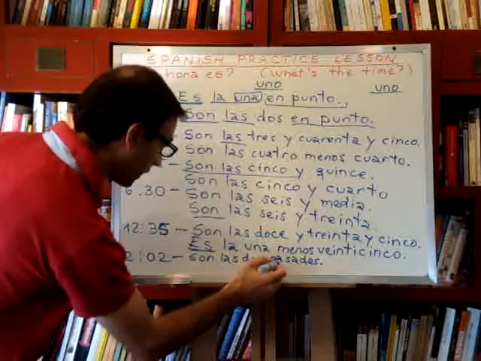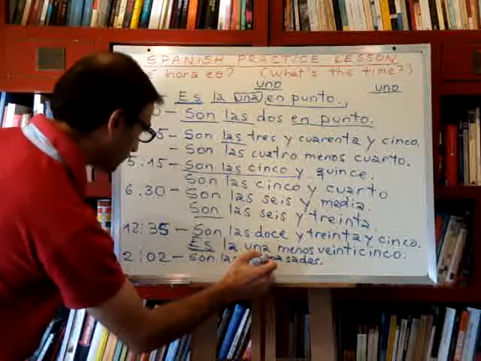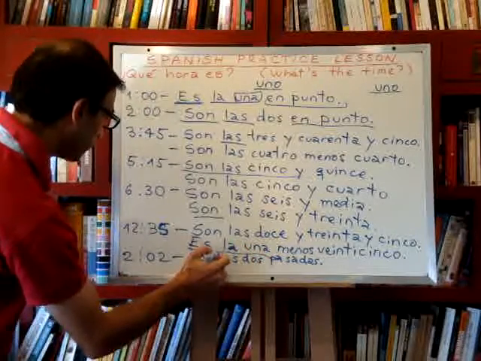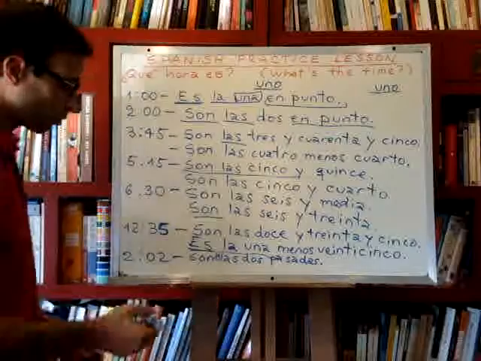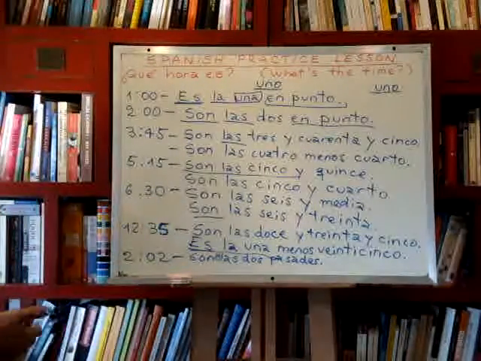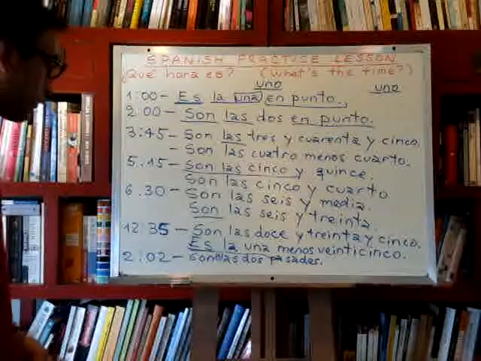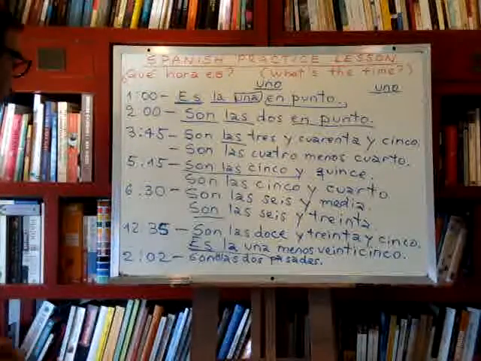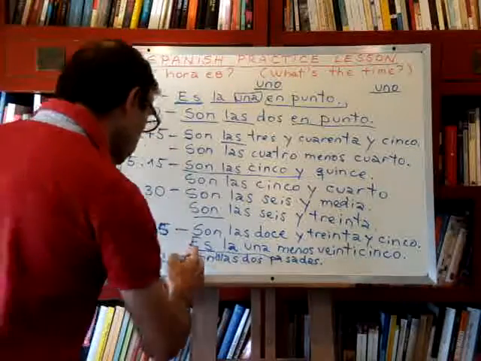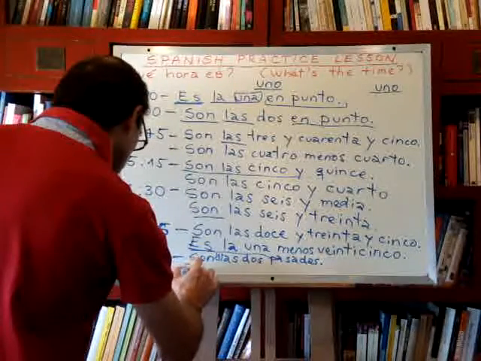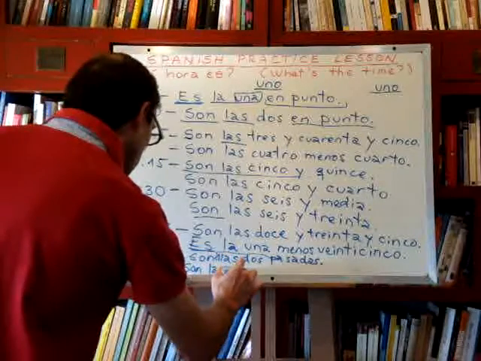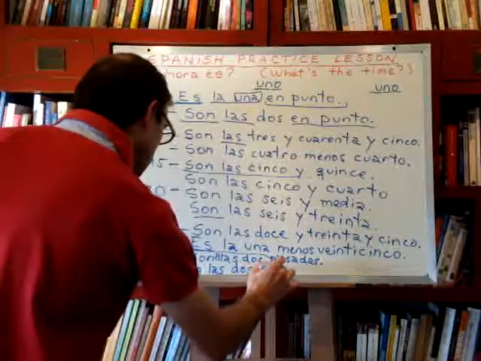We can also add the adjective pasadas after the verb. Son pasadas las dos, or son las dos pasadas. Okay? It is past 2 o'clock. And if we want to say 2:02, what I told you before, son las 2:02.